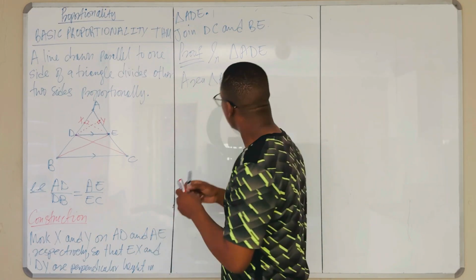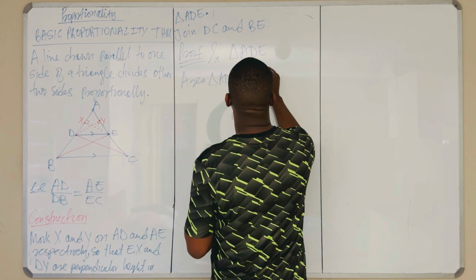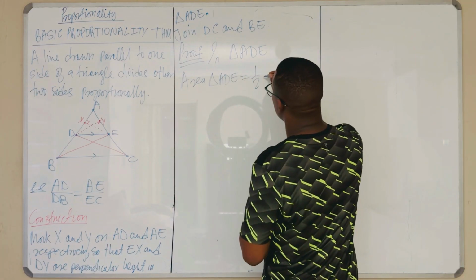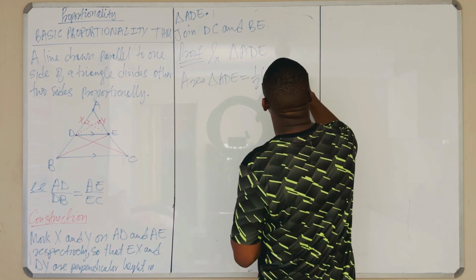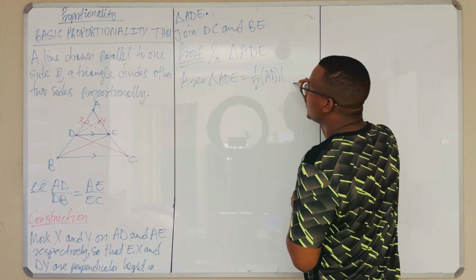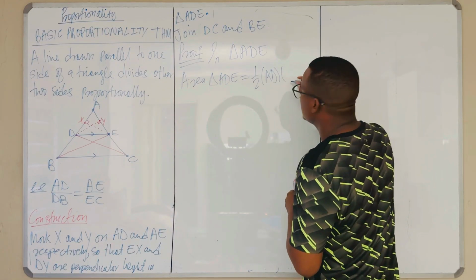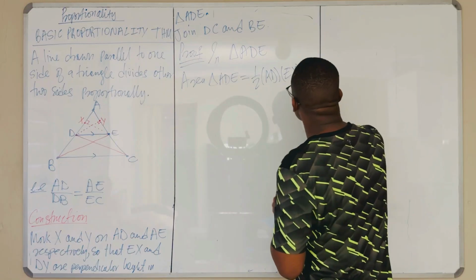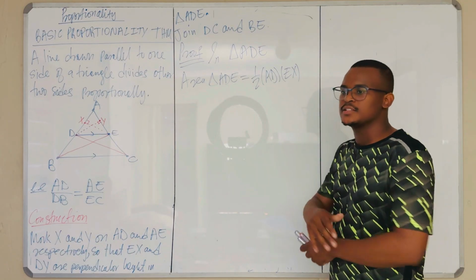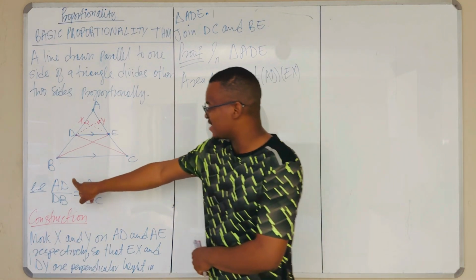So what will be your area? It's half base times perpendicular height. Your base is AD, and your perpendicular height is EX. There's your area for AD. We're done with this part.